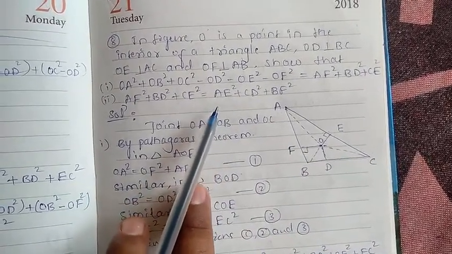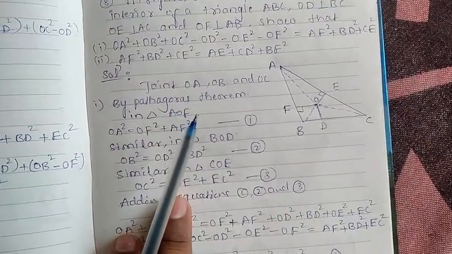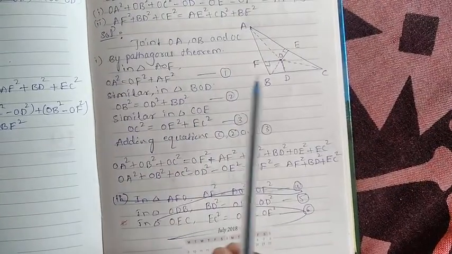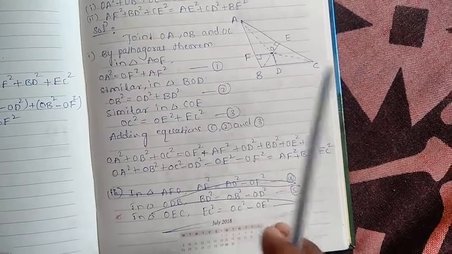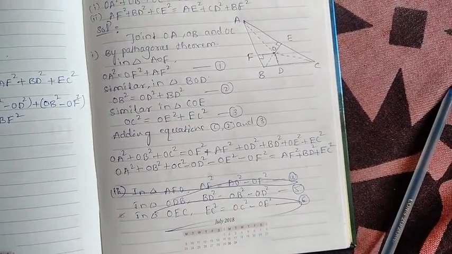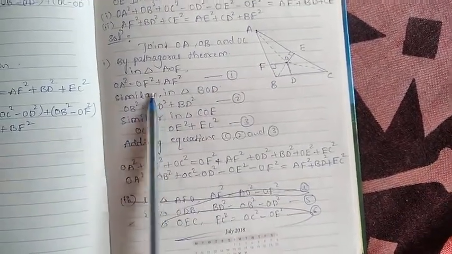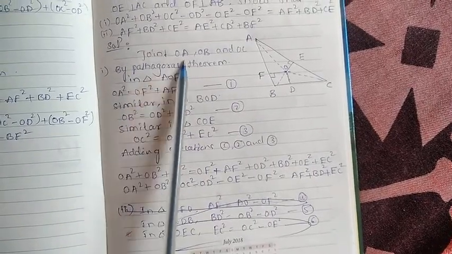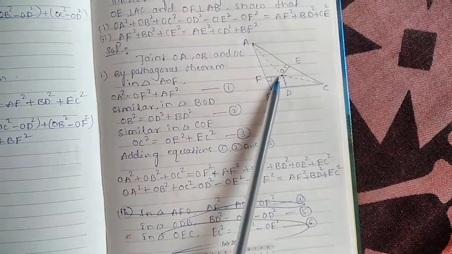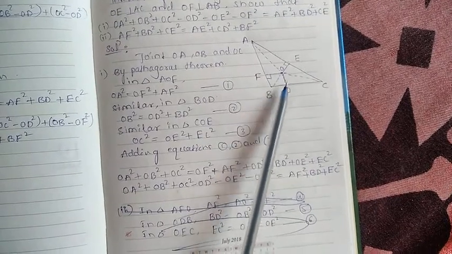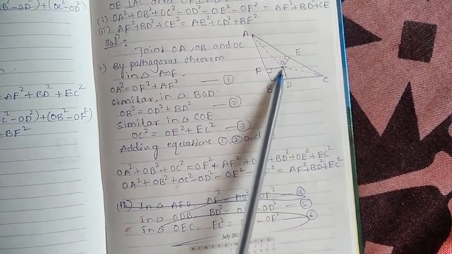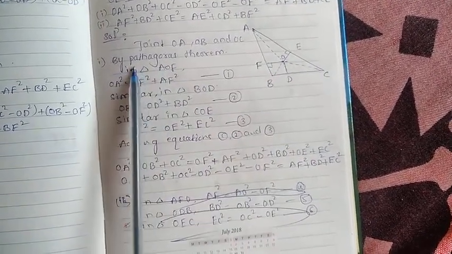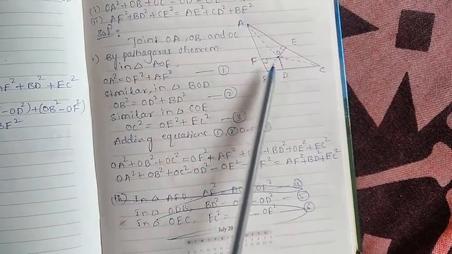See the diagram carefully, children. Here OF, OD and OE are the perpendiculars to AB, BC and AC. Now just a little construction: join OA, OB and OC. According to the Pythagoras theorem, there are 6 right angle triangles here.